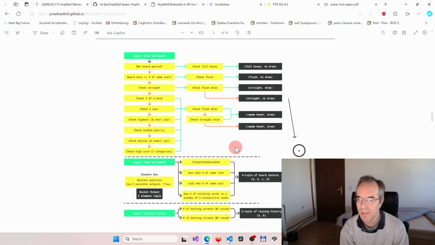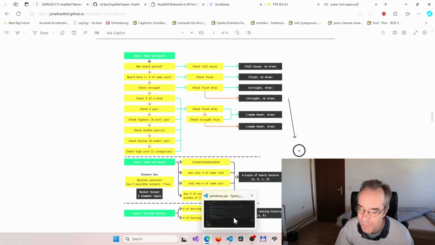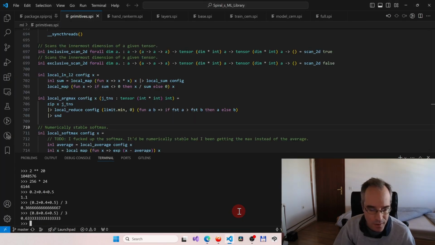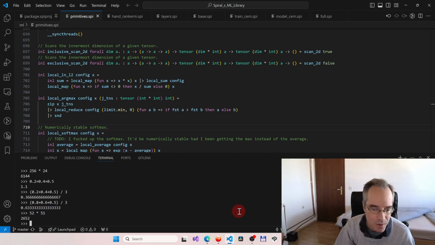If we tried putting the data raw like we could do in an associative memory, for example, let's consider just a single hand a user could have, just the two hidden cards in his hand. That's 52 times 51 possible combinations, that's 2,652 combinations.